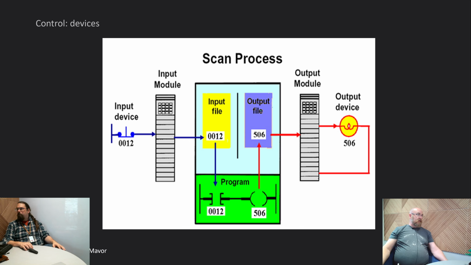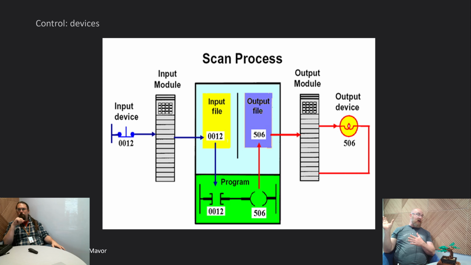The important thing to realize here is you've got this input module and an output module. Before the input module's light going on actually affects the program, there's a file that gets updated, and that is the input file. The same is true on the output side.